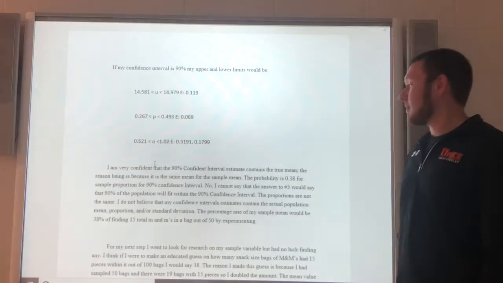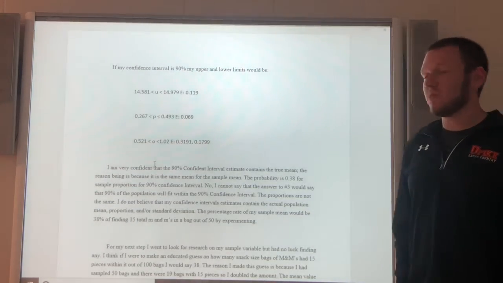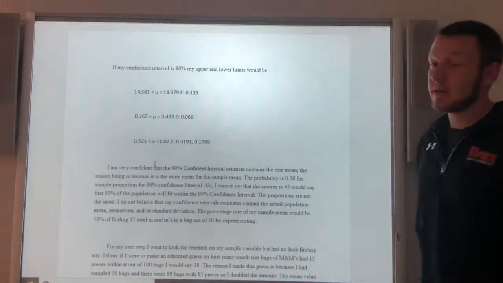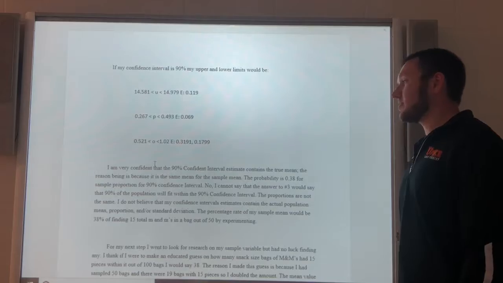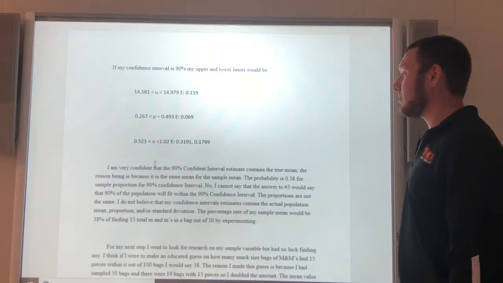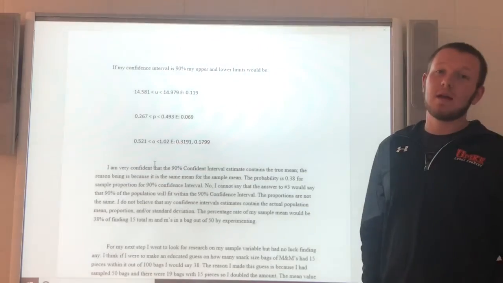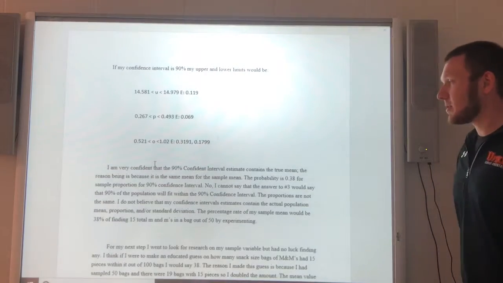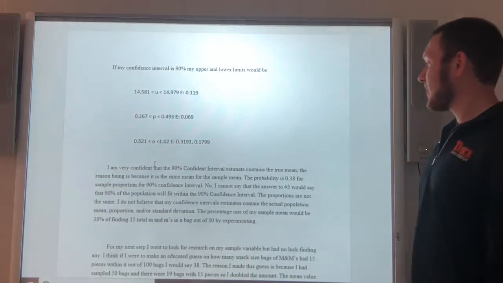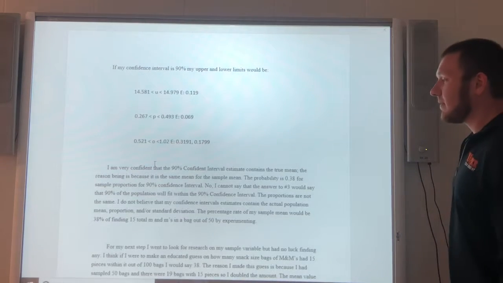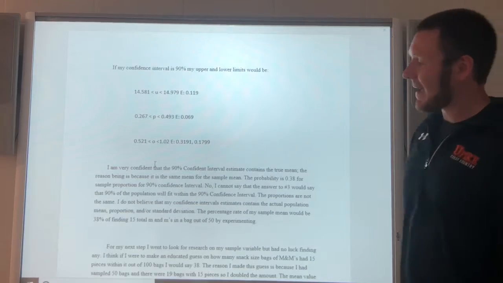I cannot say, after looking, that the answer to number 3 would say that 90% of the population will fit within the 90% confidence interval. The proportions are not the same. I do not believe that my confidence intervals estimate and contain the actual population mean, the proportion, and/or the standard deviation. The percentage rate of my sample would be 38% of the findings, 15 total M&Ms in each bag out of 50.